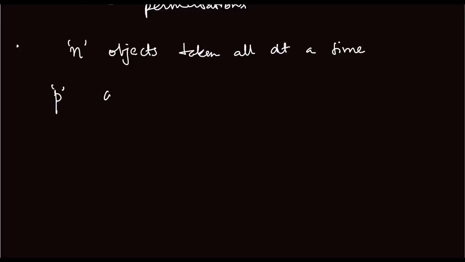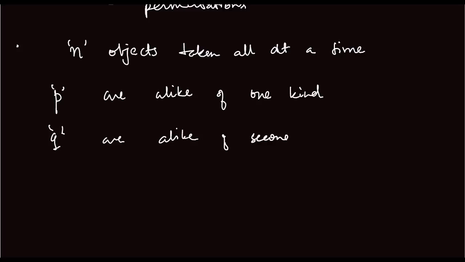Now I'll move on to one condition, which is the famous formula for the number of permutations of n objects taken all at a time, such that p are alike of one kind, q are alike of a second kind, and r are alike of a third kind.